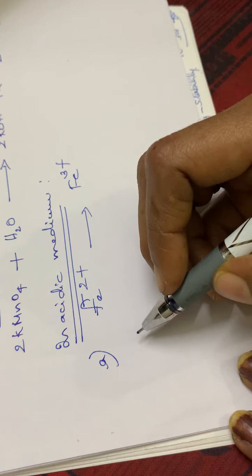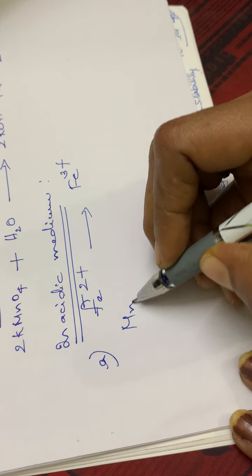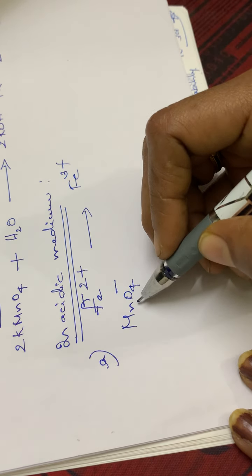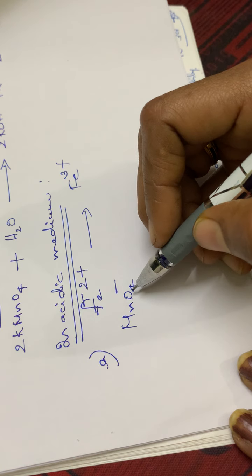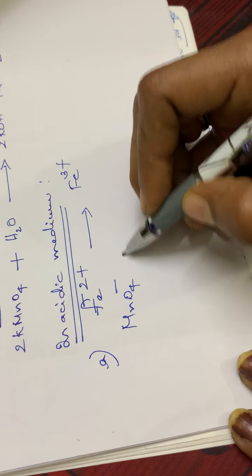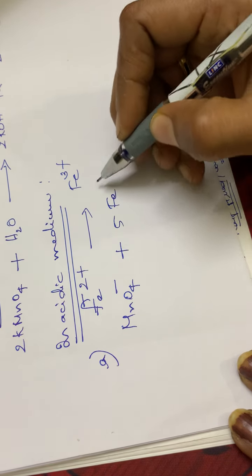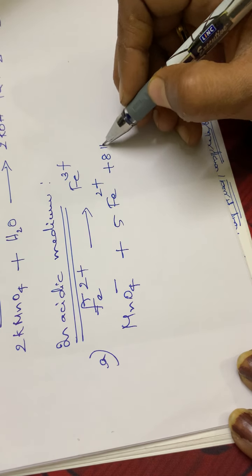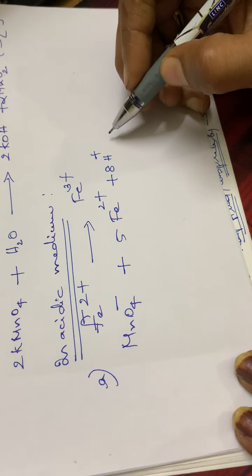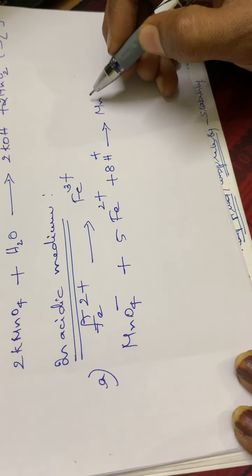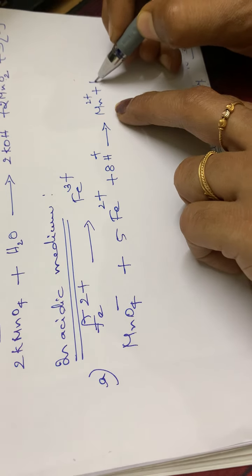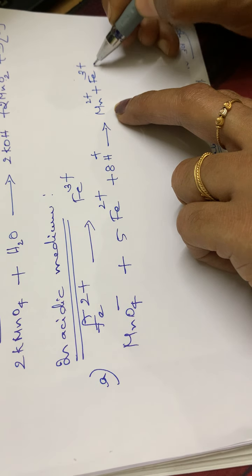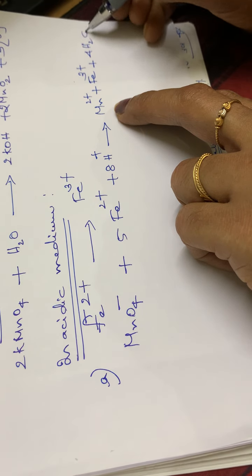So you have to study the overall reaction. MnO4 minus, which means KMnO4, plus 5Fe2+, that is ferrous sulfate, plus 8H+ giving Mn2+ plus 5Fe3+ plus 4H2O.